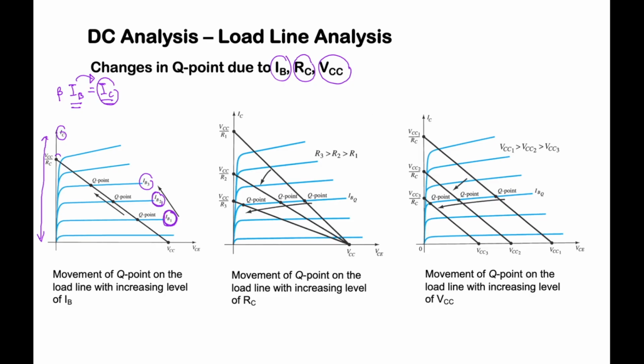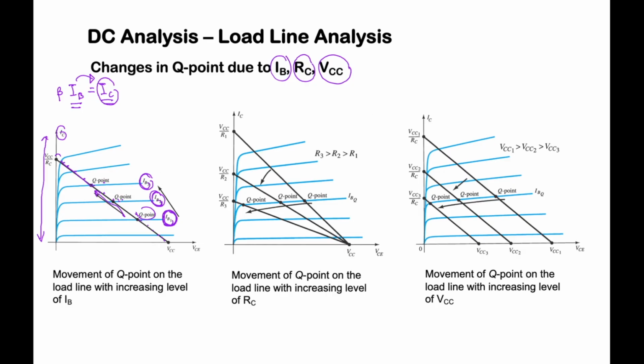So you can see here, IB is changed. When you increase the value of IB to a higher point, your Q point will move to a higher position on your DC load line. But if you decrease the value of IB, the Q point will move to the bottom of the DC load line.